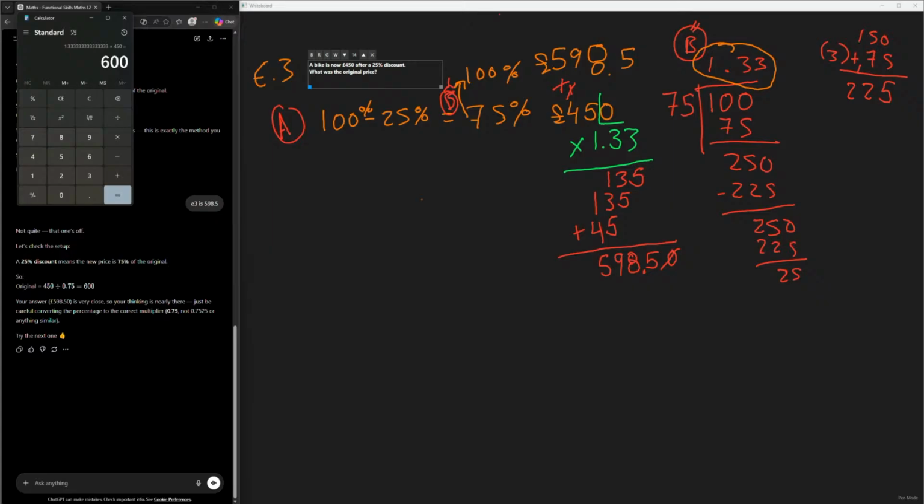Let's see. 450 times 1.33. 3 times 5 is 15. 4 times 3 is 12, plus 1 is 13. 135.